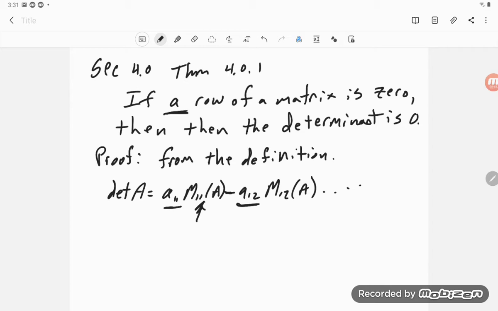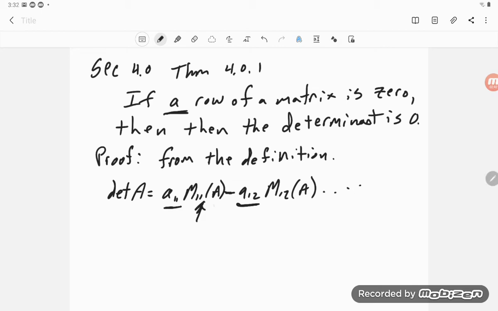These minors are determinants themselves, and so you would have to go down recursively until you get to the right row.